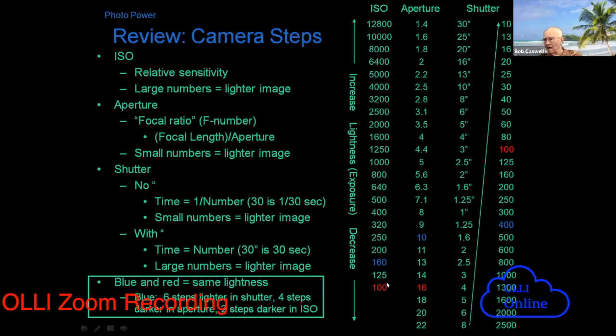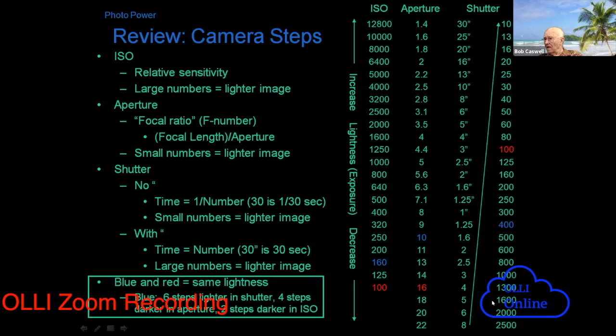And then ISO again is just linear. 3 stops is a factor of 2. From 200, 1 stop, 2 stops, 3 stops, that's a factor of 2. That's twice as sensitive. At ISO 400, you only need half the light that you needed at ISO 200. And at ISO 200, you only need half the light that you needed at ISO 100. Okay?